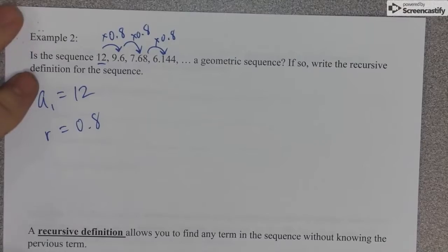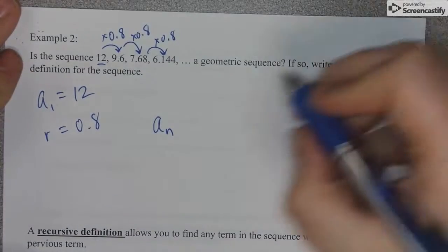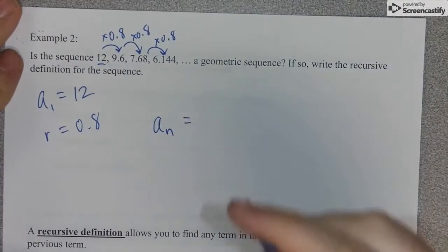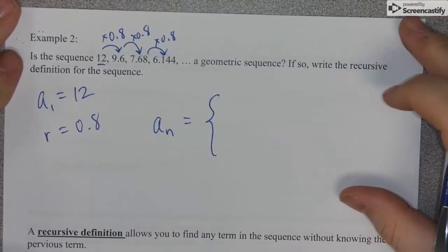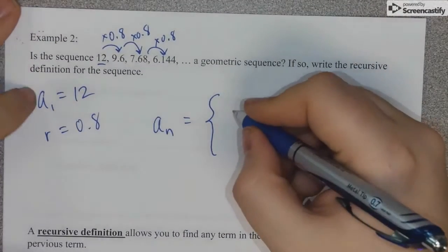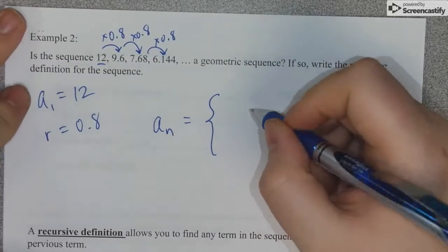So our recursive definition then is going to be a sub n equals, and a little brace, 12 for n equals 1.